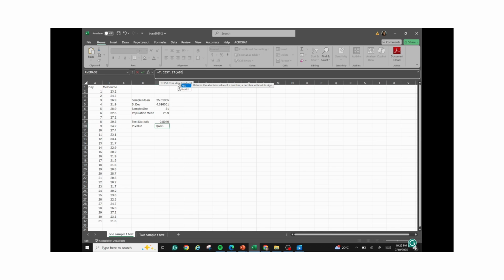We take the absolute value of the test statistic, and then we have to calculate our degrees of freedom, which is the sample size minus 1. So that is 30. And our p-value is 0.43.